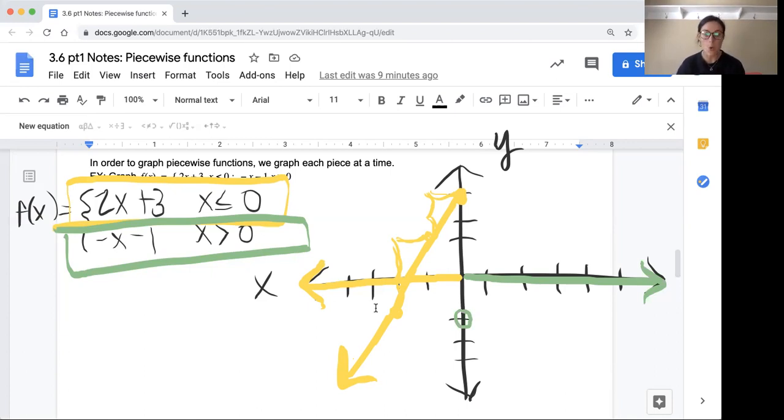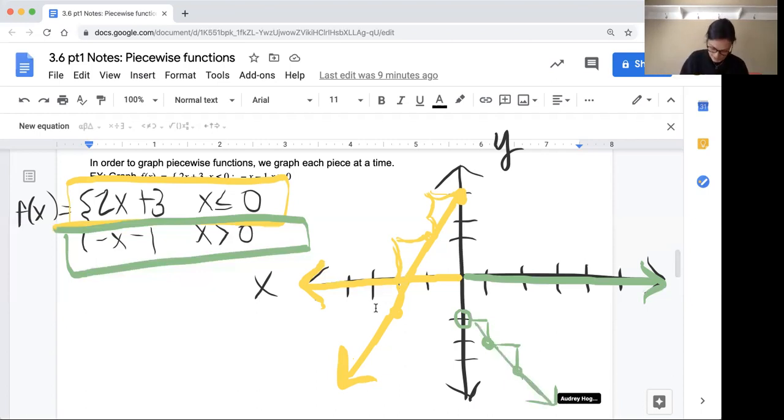So I have to put an open circle to indicate that my domain does not include this part. And then my slope is going to be negative 1, so rise over run is just going to be 1 over 1. But my line is going to go this way because it's negative. So instead of going up 1 over 1, I'm going to go down 1, down 1, down, down. And then I'm going to sketch my graph going somewhere like that.